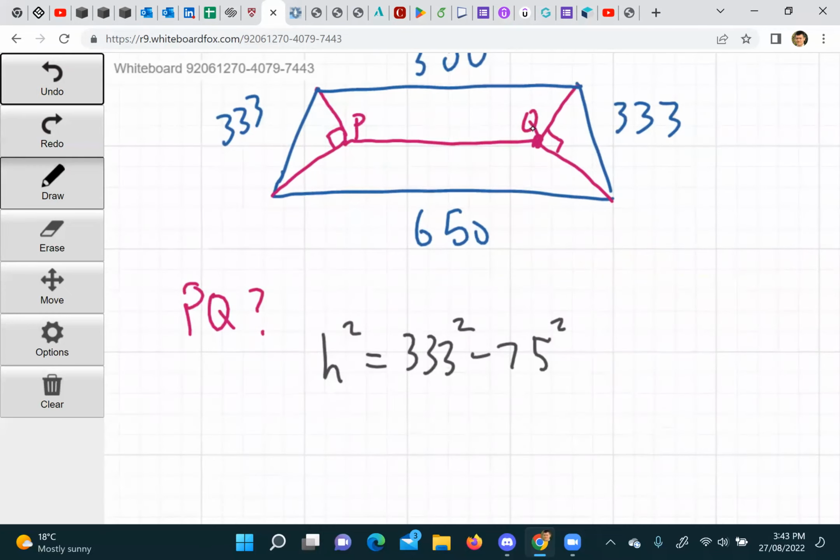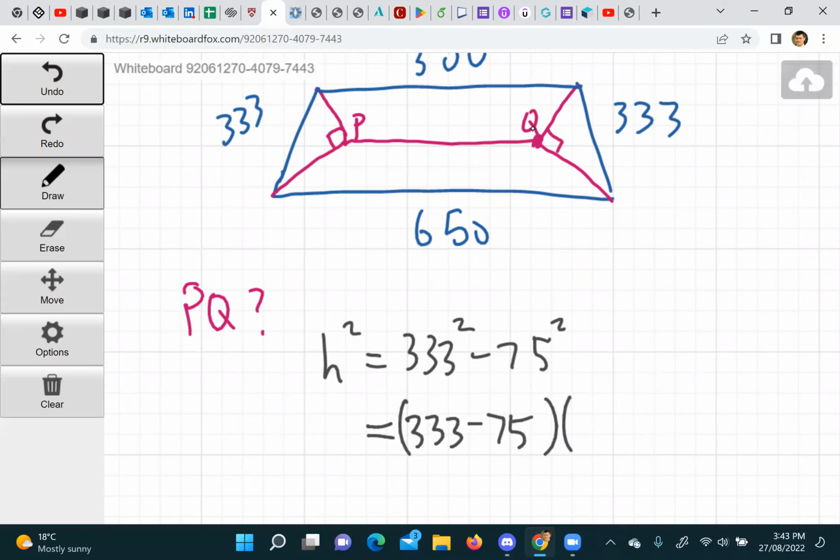If you were going to do the calculation, you would delay it as long as possible: 333 minus 75, 333 plus 75, and just keep it like this. You don't want to do any calculations that you don't have to, because in the end you might just need h squared over 333 plus 75 or something. Then why would you even add those things up? They just cancel out, right?